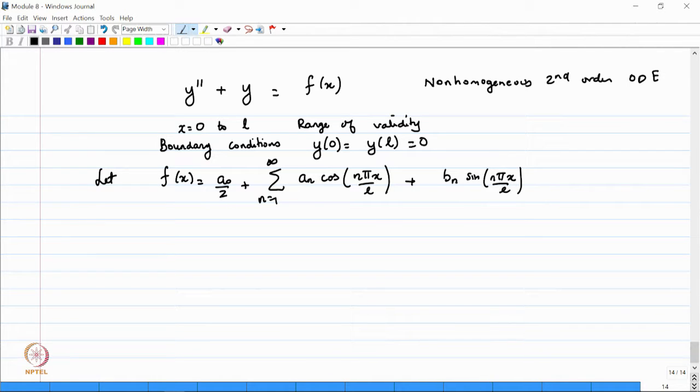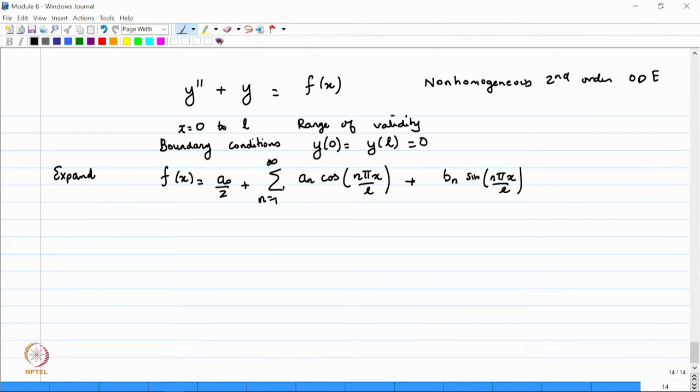Now further, I should say expand f of x equal to this. So we wrote a Fourier expansion of this.